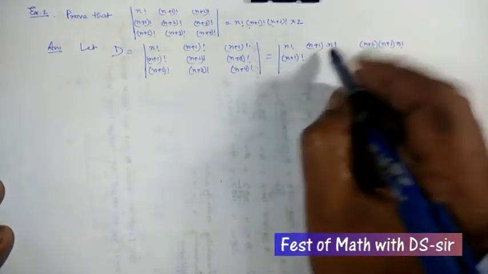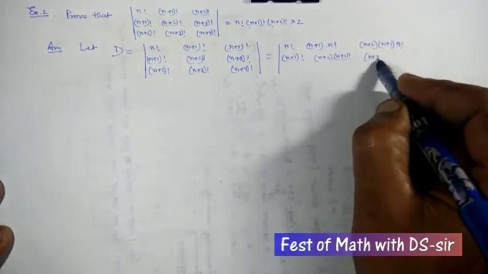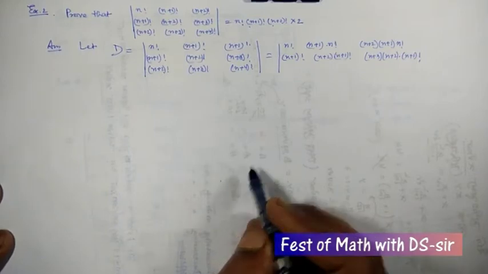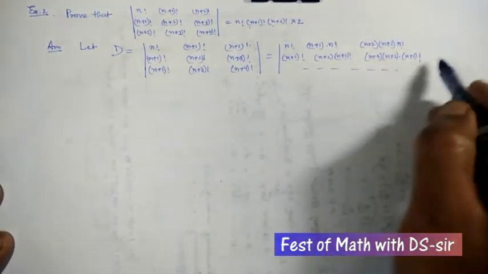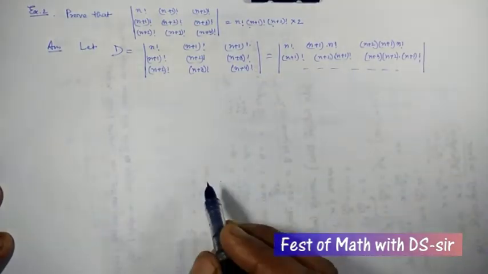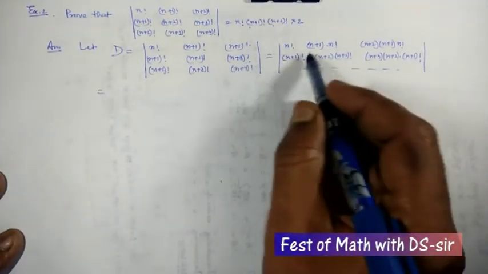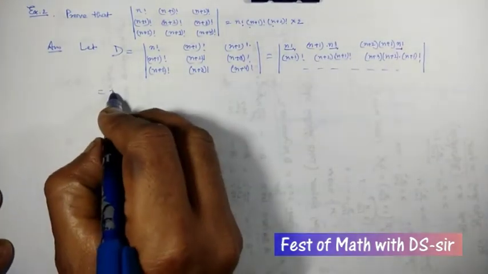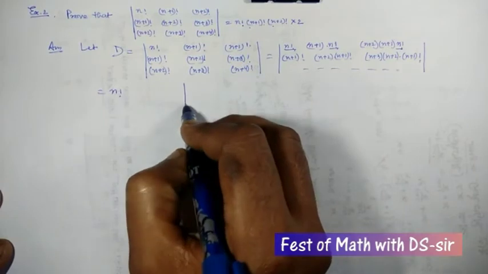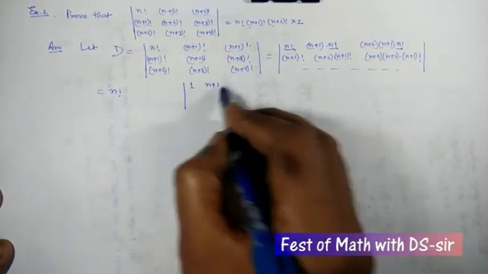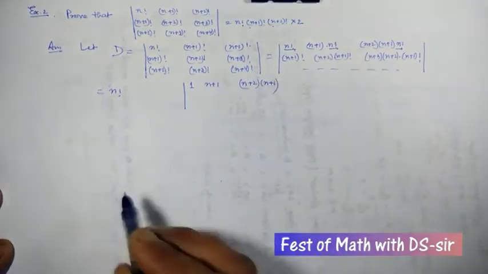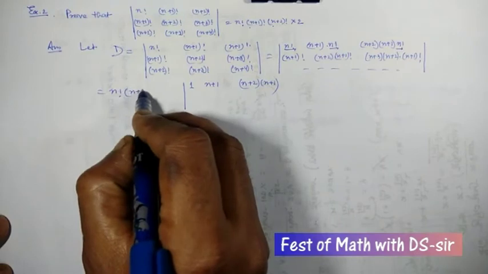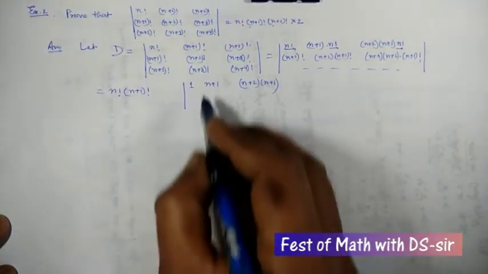Similarly, likewise, we can write the third column, the third row. Now see, from the first row, we can take n factorial common. So what do we get? From the second row, we take n plus 1 as common, so it becomes 1.